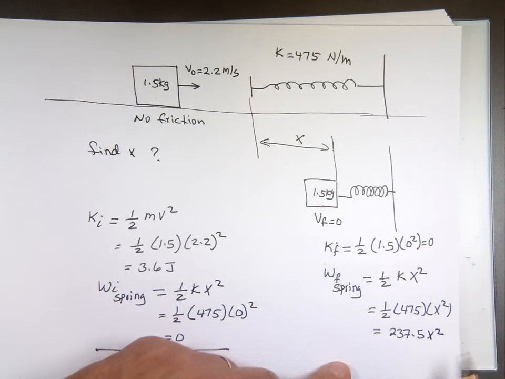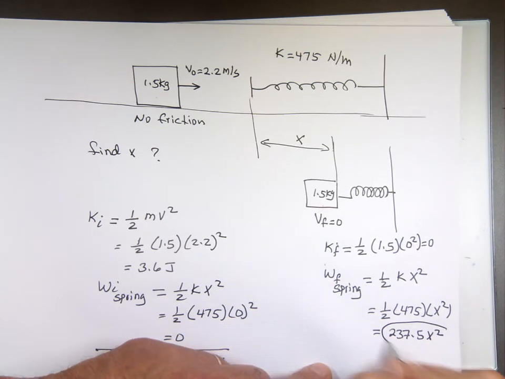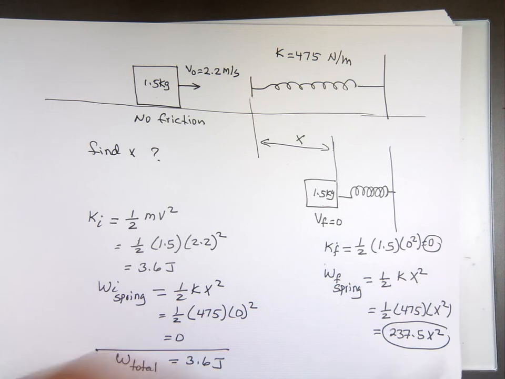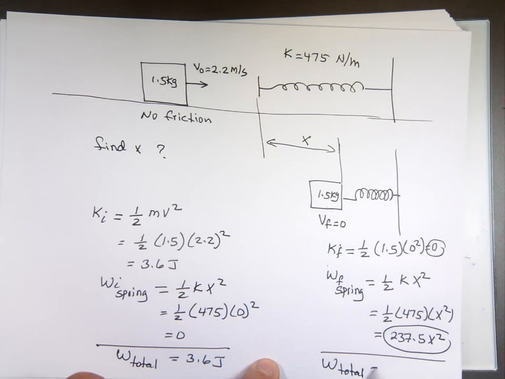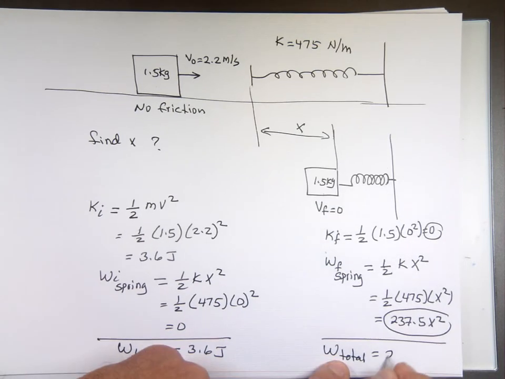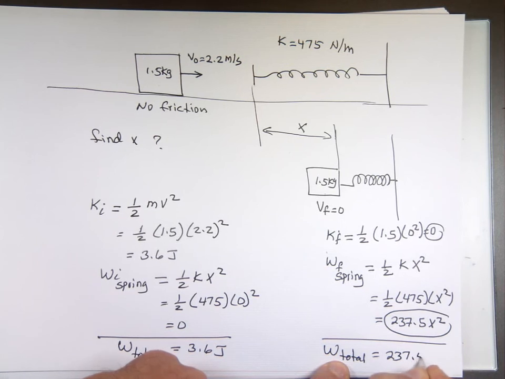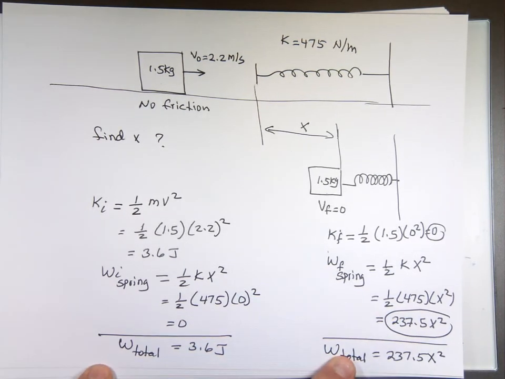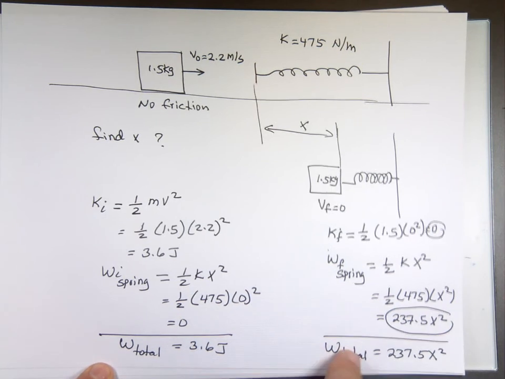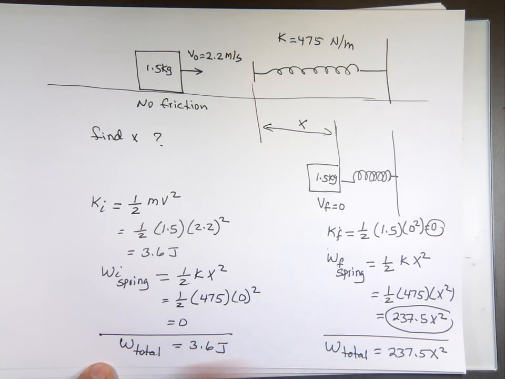So there's one answer. There's the other answer. What's the total number here? 237.5 x squared. And what do we know about these two numbers? If there's no friction, these numbers should be what? Equal to each other.